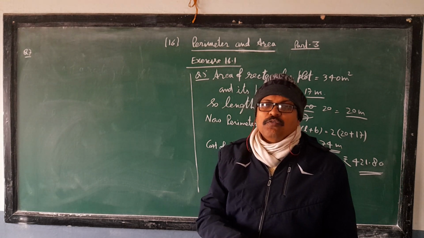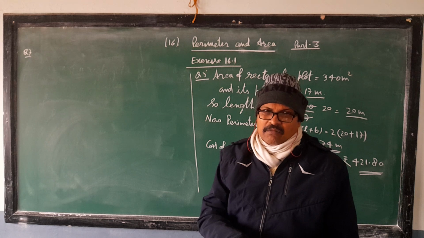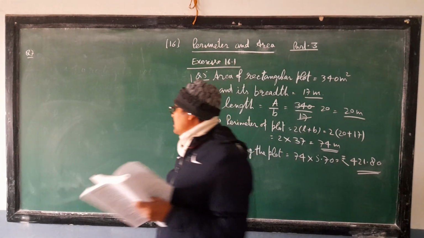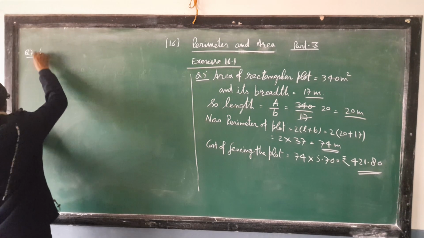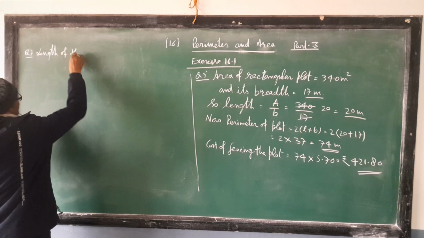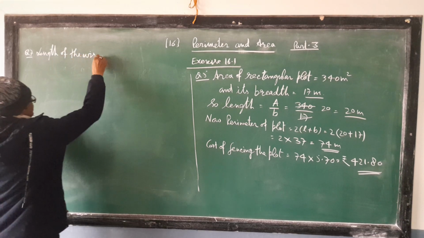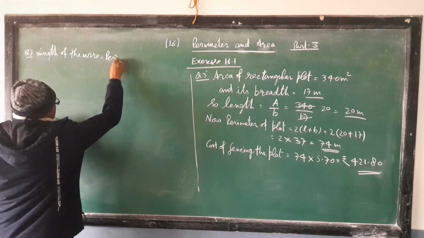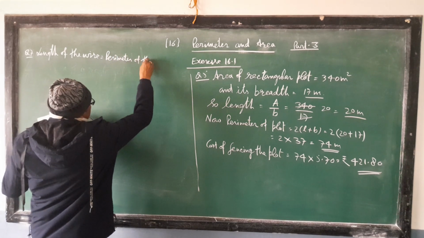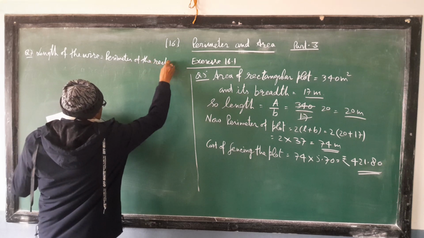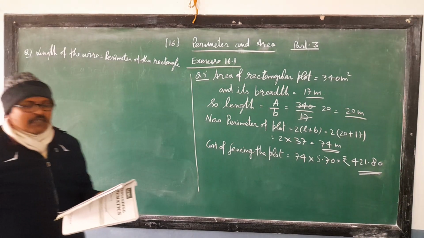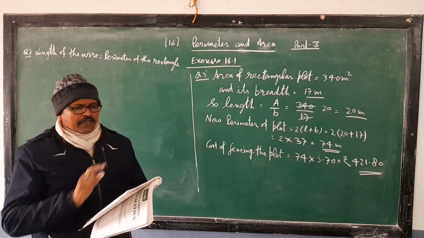So first we need to find the length of the wire. The length of the wire will be the perimeter of the rectangle. Length of the wire is equal to perimeter of the rectangle, because the wire was made in the shape of a rectangle.